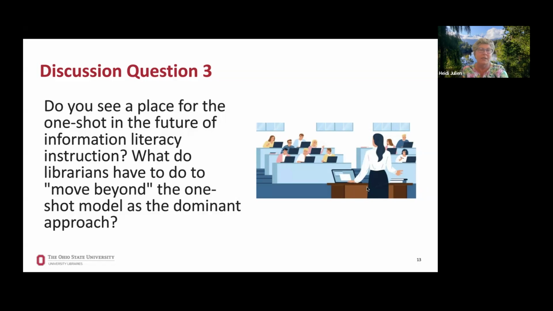You cannot teach more than one or two actual things in a one shot time length. But people try to squeeze in so much because that's all the time that they're given. So I think we need to be connecting those two things, the efficacy of the one shot and the lack of pedagogical expertise that's being brought to the table in the first instance.